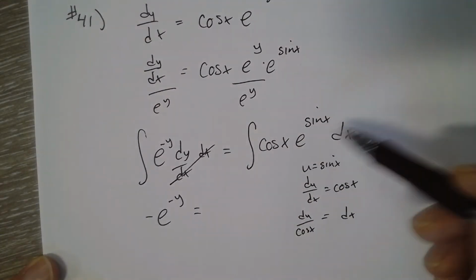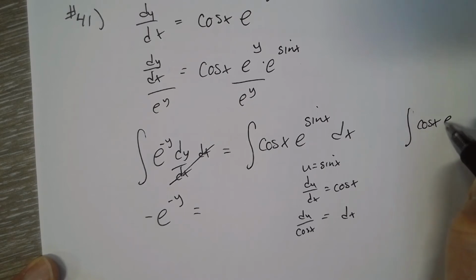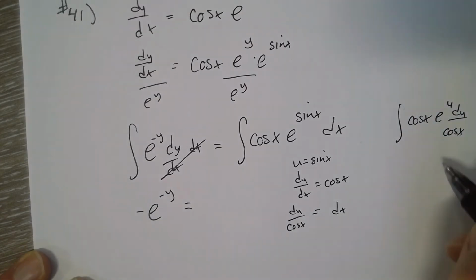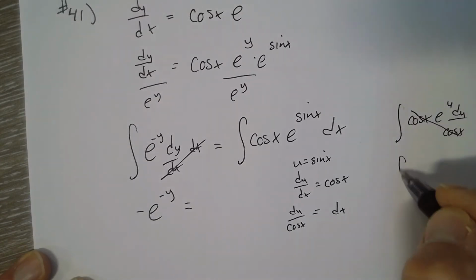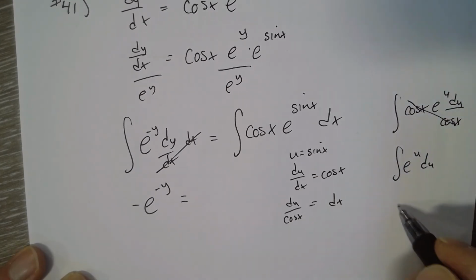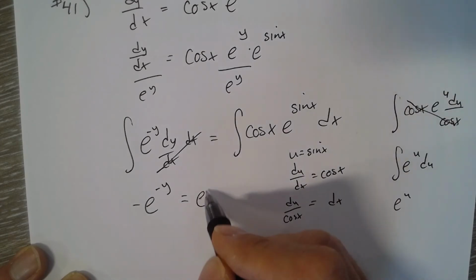So just rewriting this in terms of u, it would be cosine x e to the u times du over cosine x. The antiderivative is just e to the u. So it's e to the sine x.